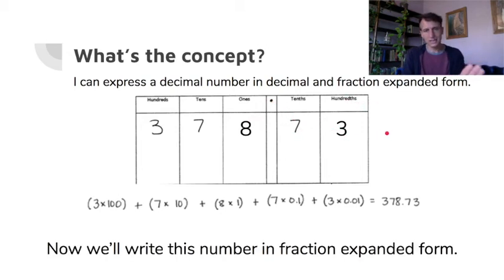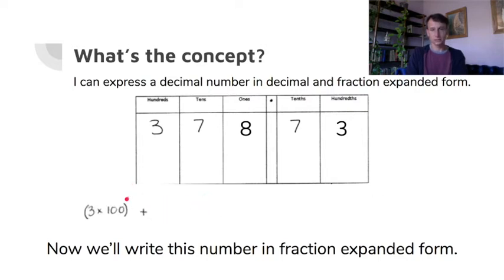Now we're going to do the same thing but in fraction expanded form. Now look, these are going to be the same, aren't they? 3 times 100 is still 3 times 100. 7 times 10, same. 8 times 1. The only slight difference here, and you would actually read these two sentences the same.